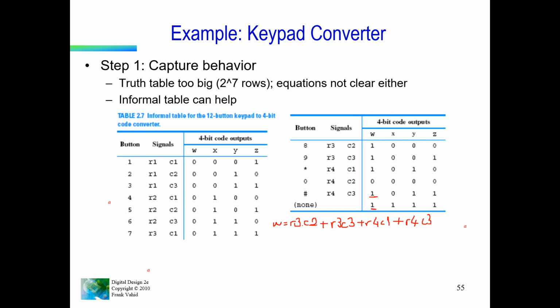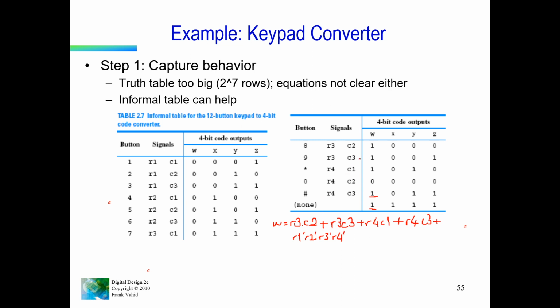And in the last row, I know that none of the buttons must be pressed for that row. So I can AND the NOTs of R1, R2, R3 and R4.